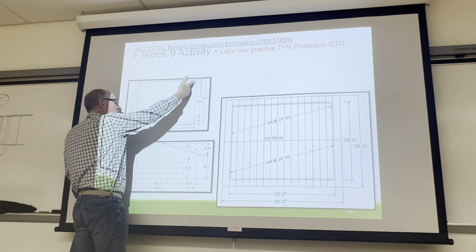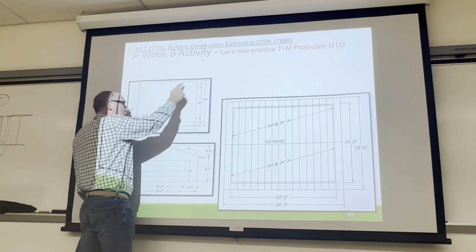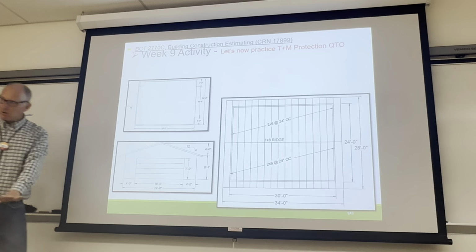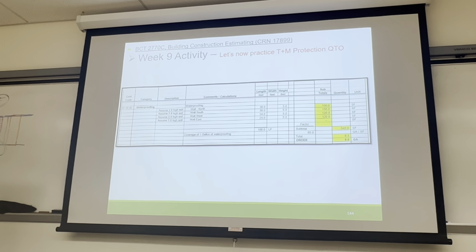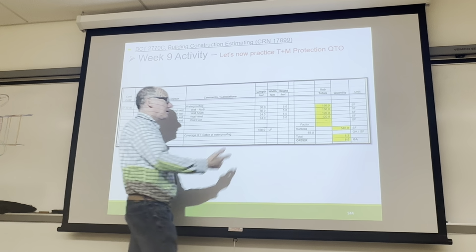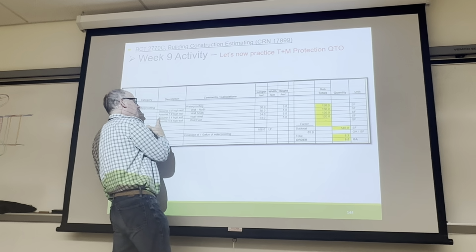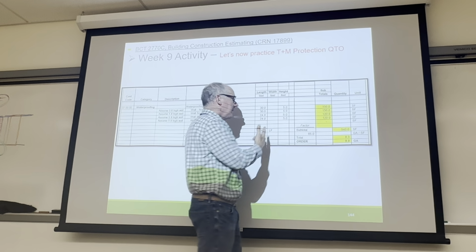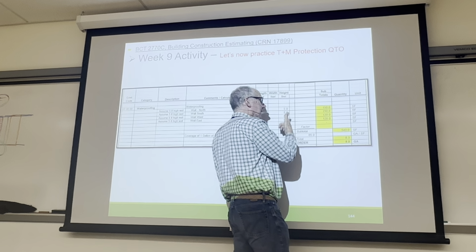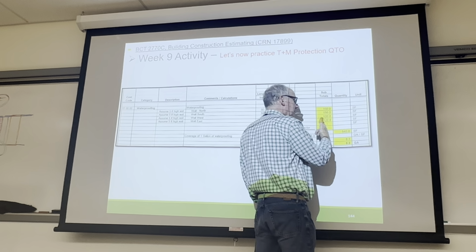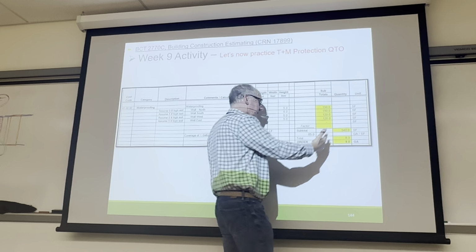This is all the wall in our foundation. Key dimensions: how high is our wall? We're assuming 5 foot high. Length, height, area, total area.